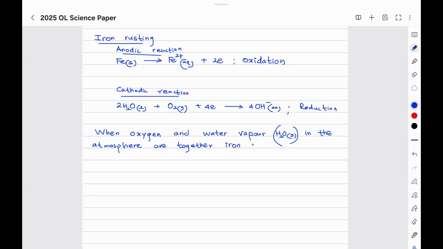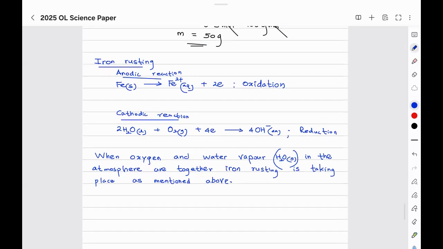Iron rusting is taking place as mentioned above. So iron rusting means the metal iron is oxidizing and producing Fe2+.